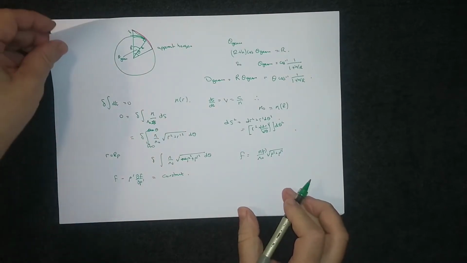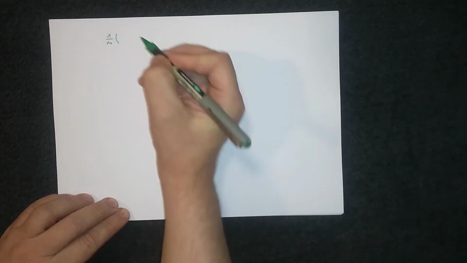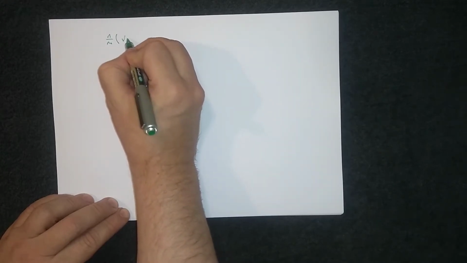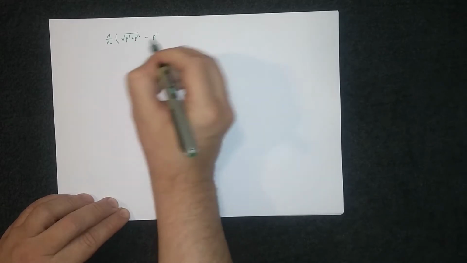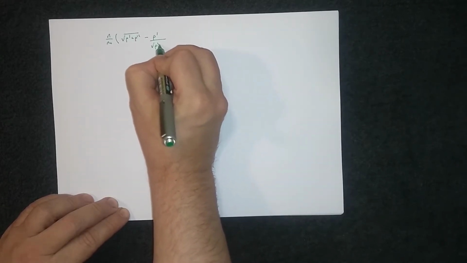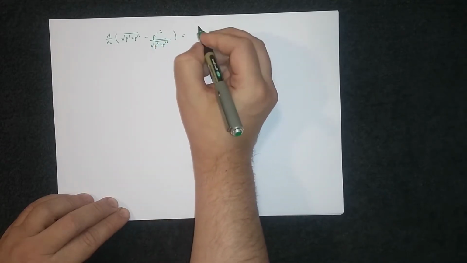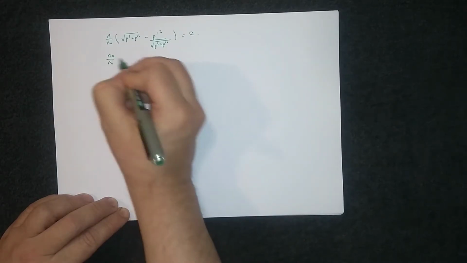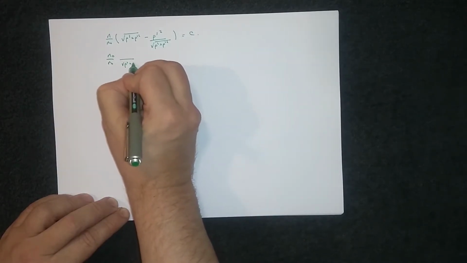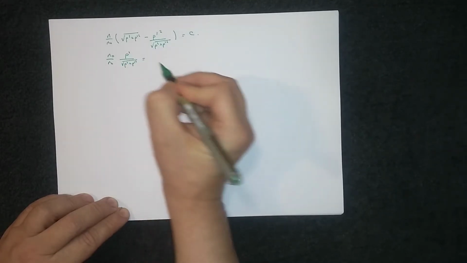So that's n over n naught into f, which is root rho squared plus rho prime squared, minus rho prime times the derivative of that term, equals a constant, which works out to n over n naught times rho squared.